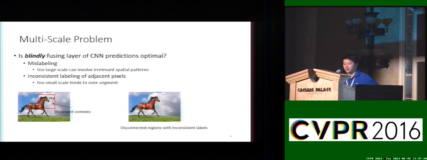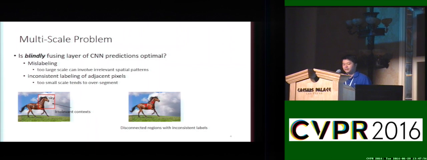The problem here is whether blindly fusing multiple layers of convolutional neural network predictions is optimal or not. Clearly, we are facing a dilemma. On one hand, if we accept the larger scale output from the convolutional prediction result, then it may involve some irrelevant context, and this may increase the risk of mislabeling a target pixel.